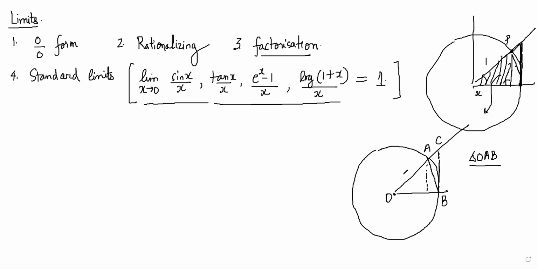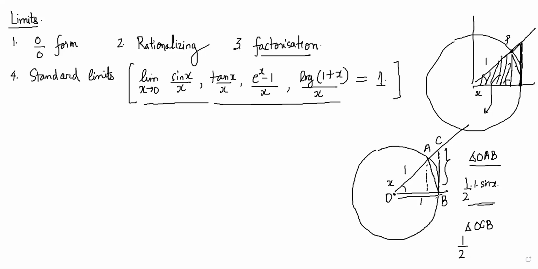Triangle OAB, the radius of the circle is 1. So this distance is 1, this distance is 1, and this angle is x. So this perpendicular will be sine x, right? So half into 1 into sine x is the area. And if you look at the outside triangle, triangle OCB, the perpendicular in that case will be tan x. This is tan x.